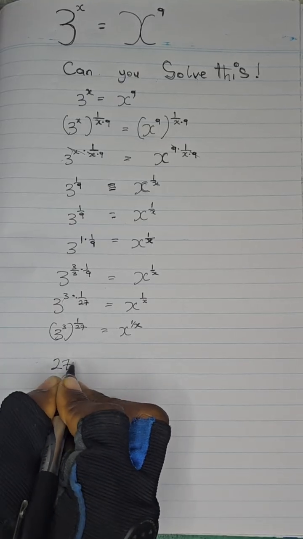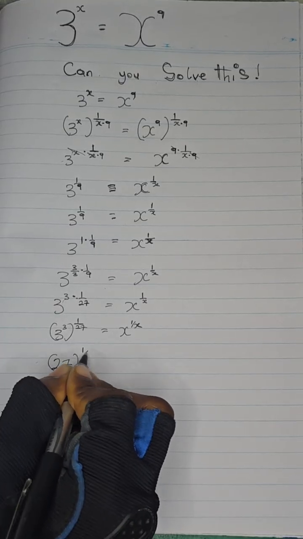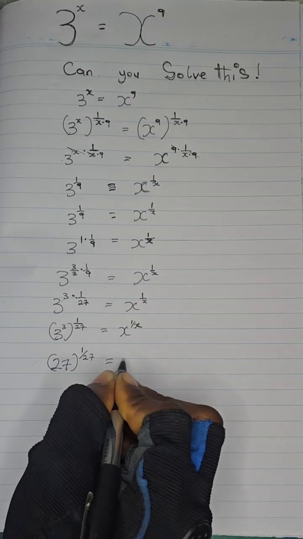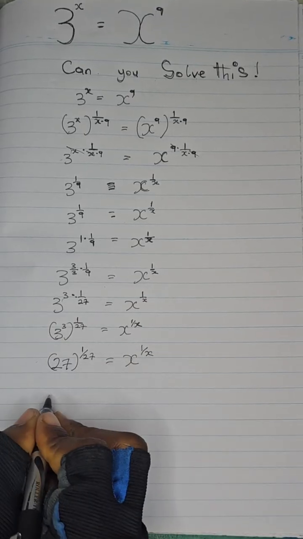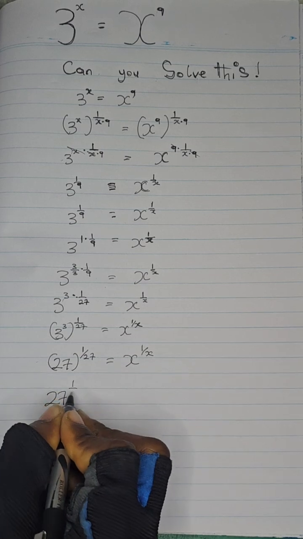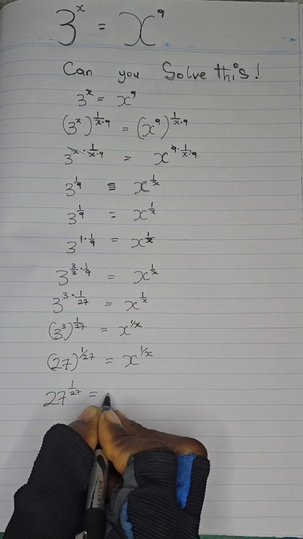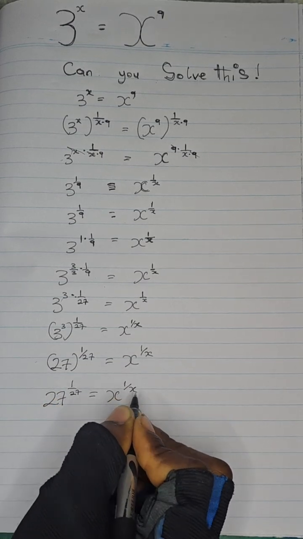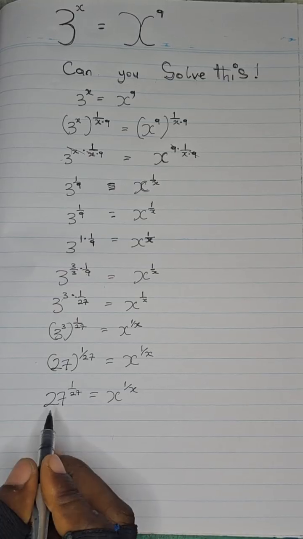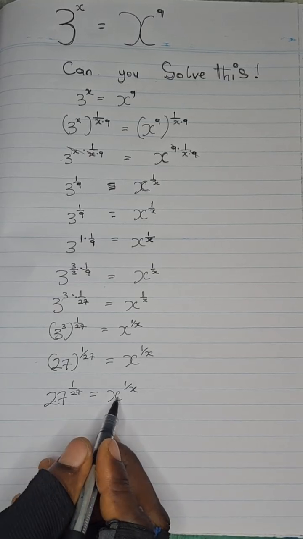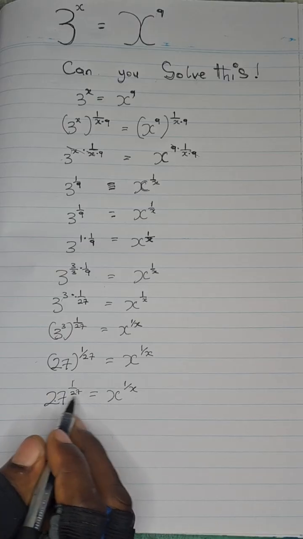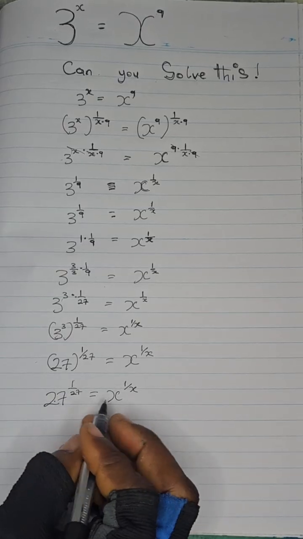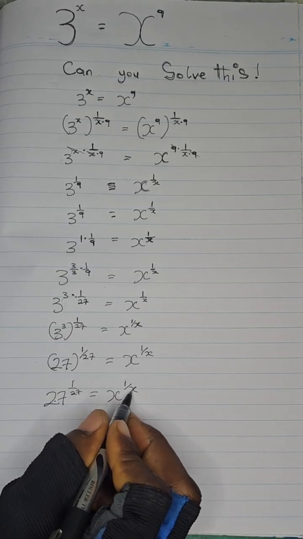So you have 27 raised to power 1 over 27 is equal to x raised to power 1 over x. So if I open up the bracket, I have 27 raised to power 1 over 27 is equal to x raised to power 1 over x. So by implication, this is equivalent to x raised to power 1 over x.